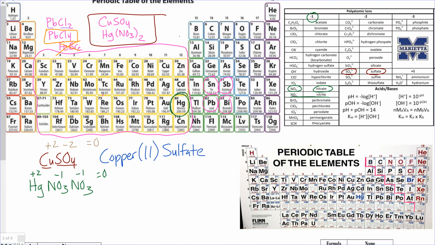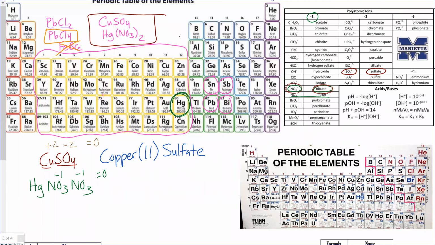Wait, I'm confused a little. How do you know that, like, the first element, since it's a transition metal? Right, you have to work backwards. You're right, I did not know this was +2. But you did know that those NO3s were -1, right?